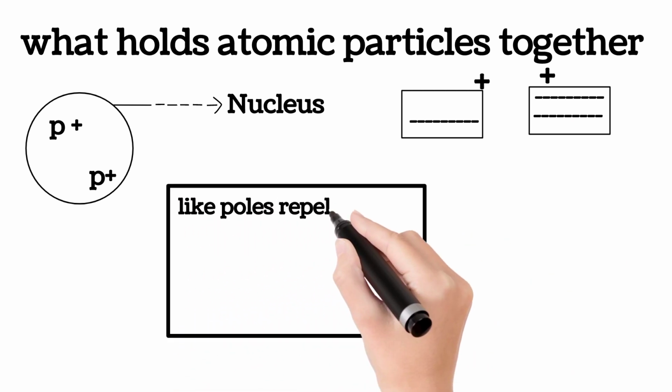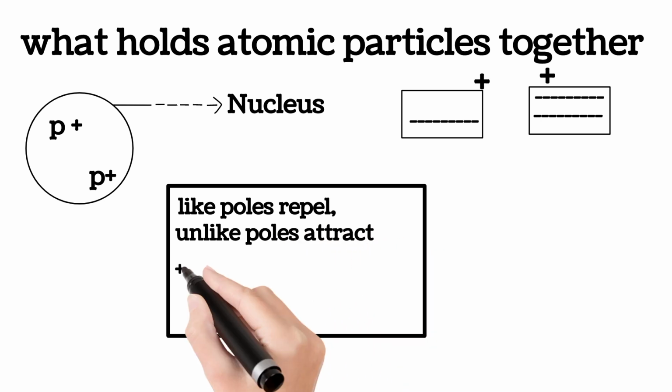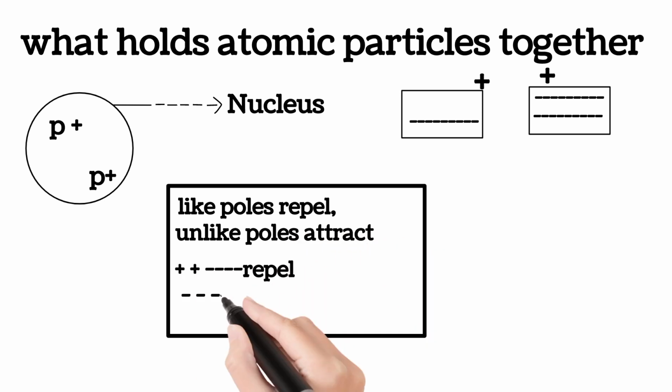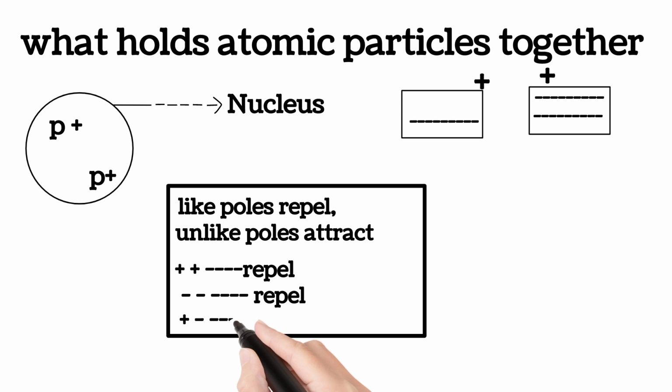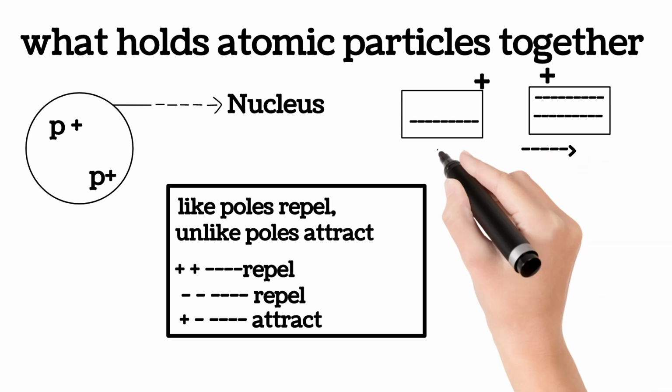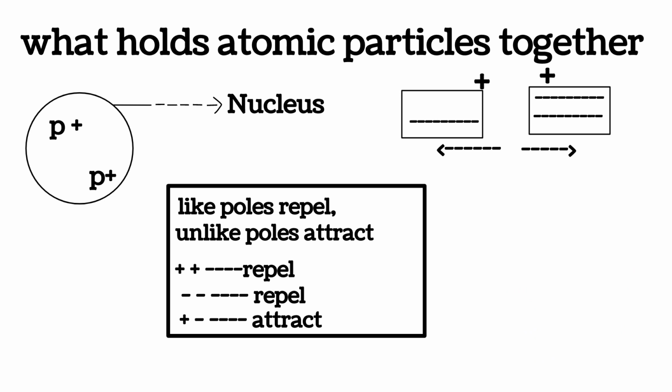What does the law of electromagnetism say? Like poles repel and unlike poles do what? Attract. That means positive and positive will repel, negative and negative will repel, while positive and negative will do what? Attract. So normally we expect that protons, which are all positively charged in the nucleus, should repel each other. According to the law of electrostatics, they should repel each other. That is what is expected.